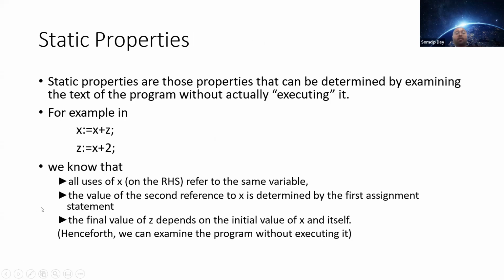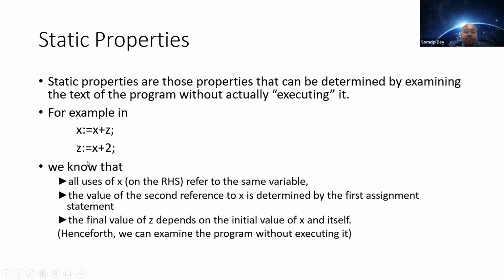Now, as part of type checking, you can also have static properties or dynamic properties. Static properties are those that can be determined by examining the text of the program without actually executing it.